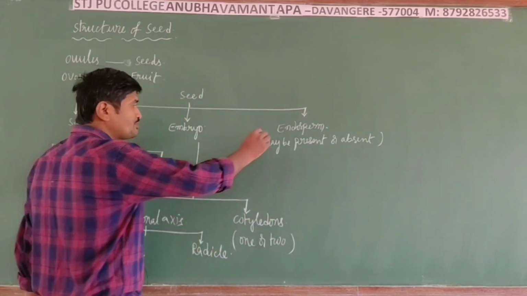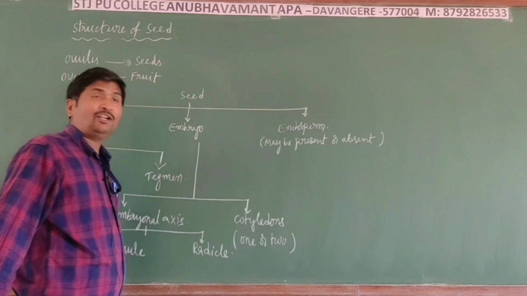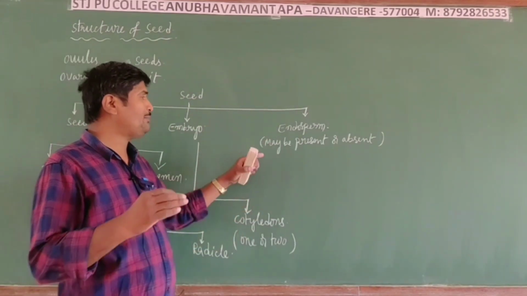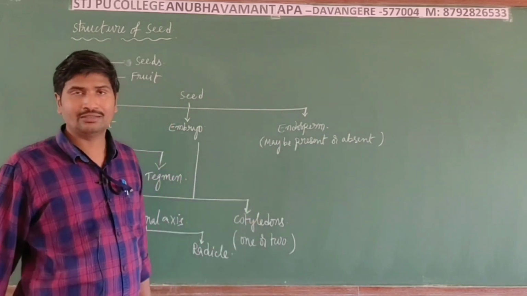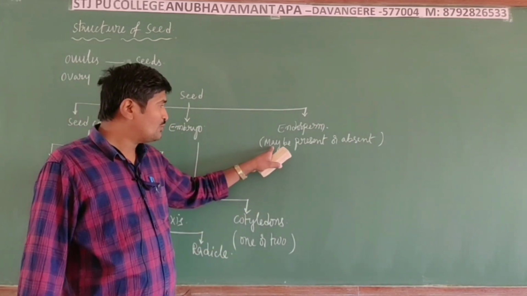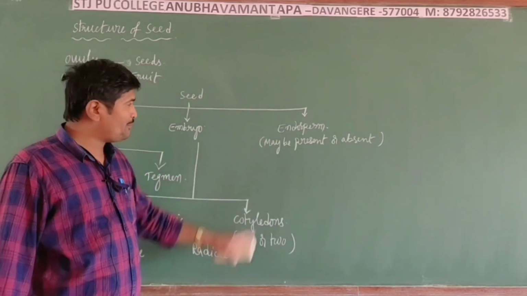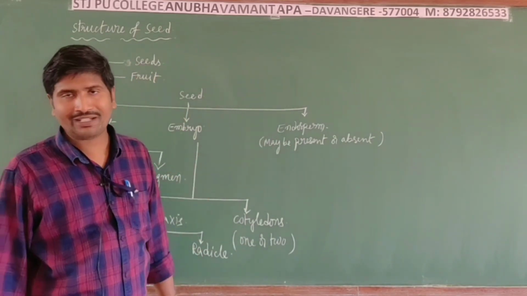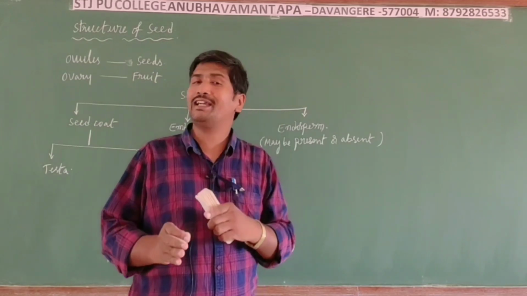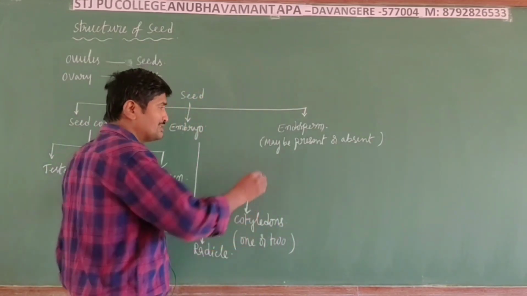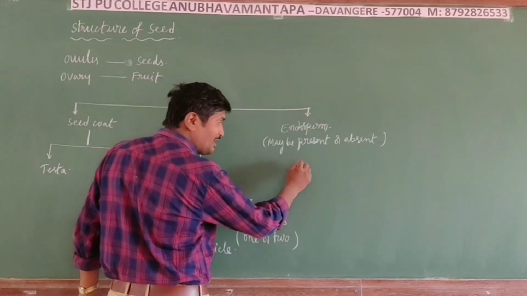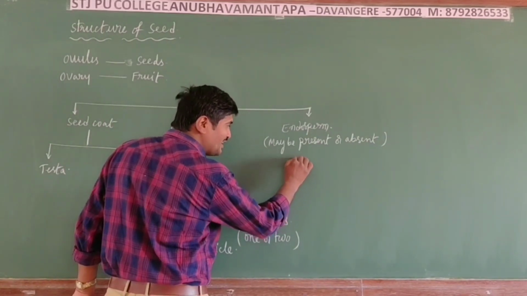Next one, endosperm. See here the endosperm may be present or absent. Based on the presence or absence of the endosperm, angiospermic seeds are mainly of two categories. What are the names of the two categories of seeds?